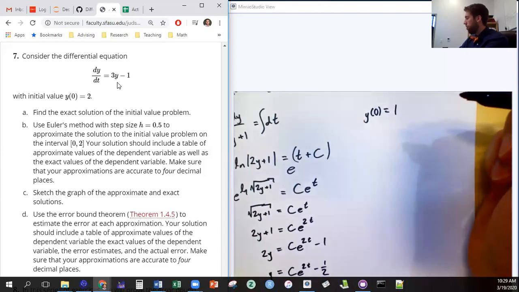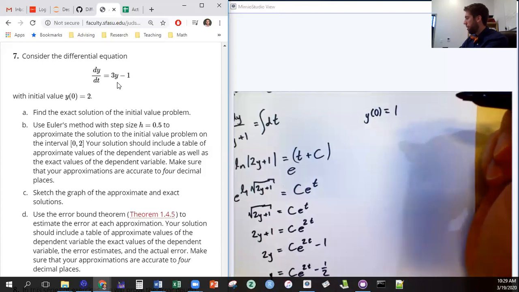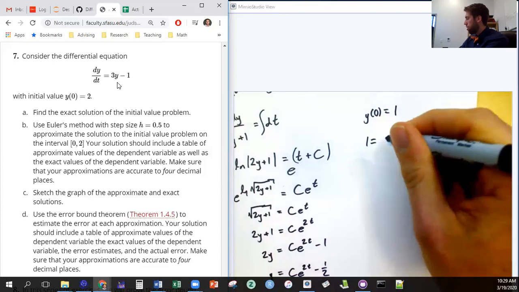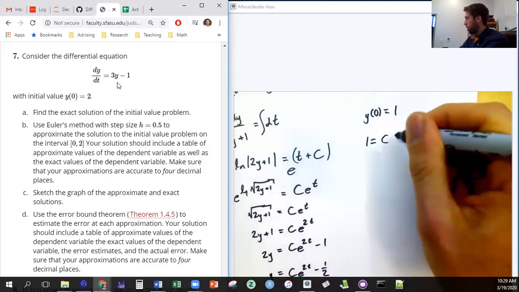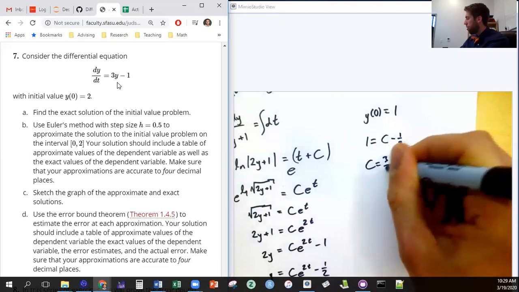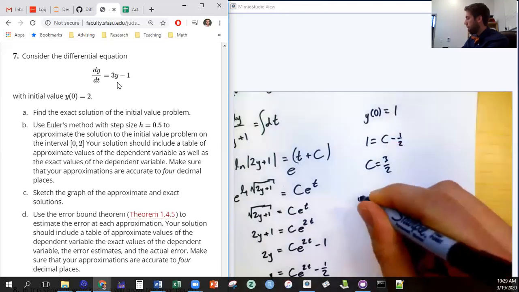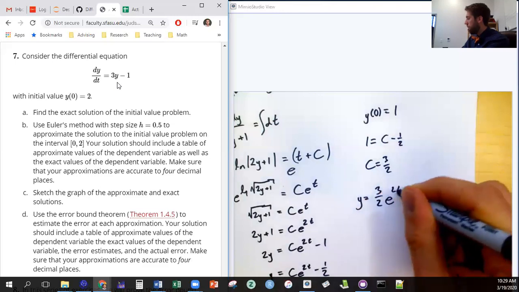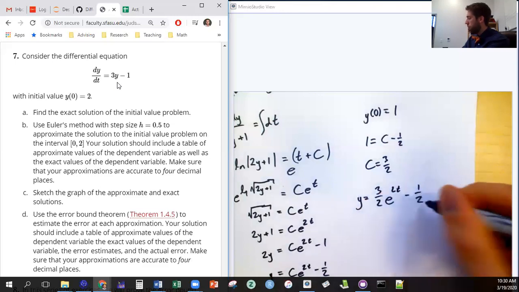So if y of 0 is 1, that means 1 equals C times e to the 0, which is just 1, minus 1 half, so C equals 3 halves. So my equation is y equals 3 halves e to the 2t minus 1 half.